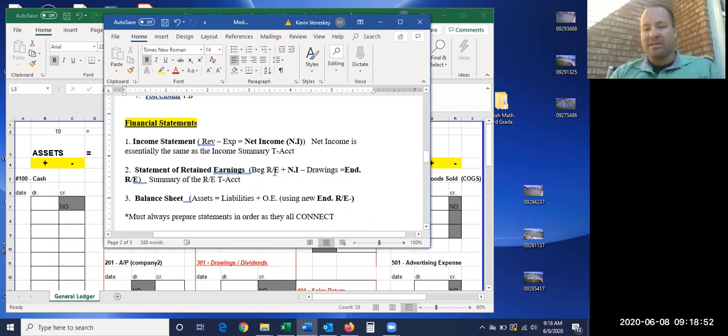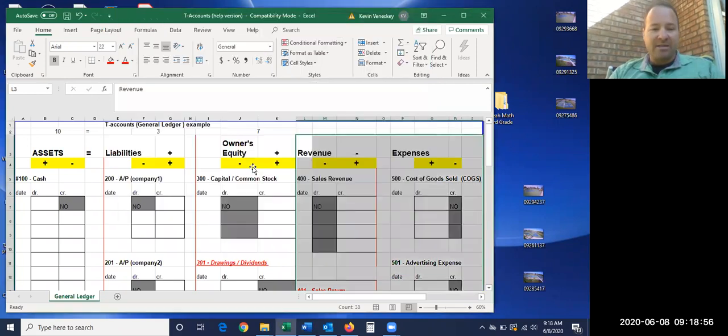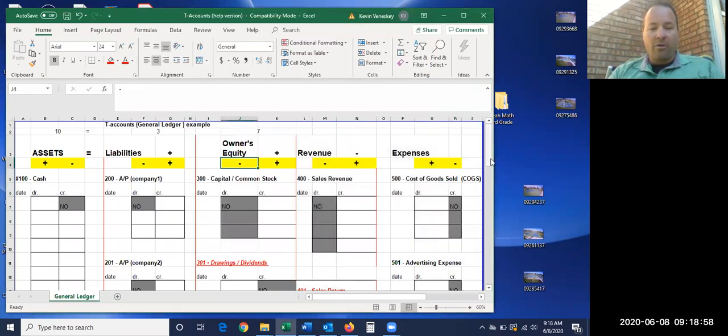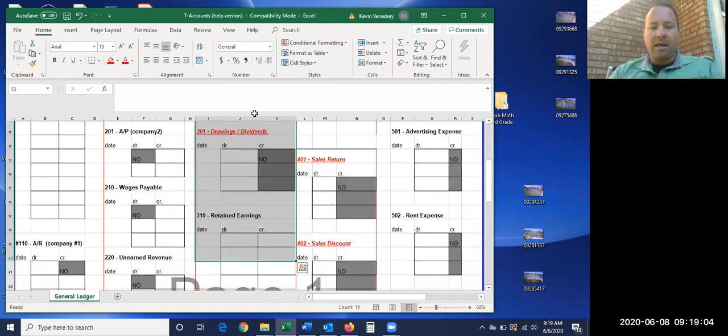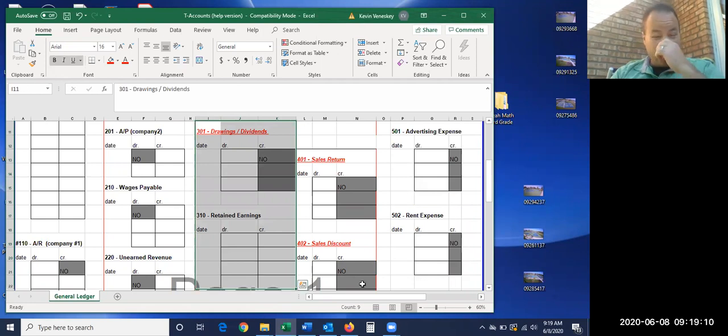This is also known as the statement of owner's equity because it mainly affects all the owner's equity accounts. And each one is done a little bit differently, but a lot of times the statement of retained earnings only affects these two accounts, the dividends and the retained earnings, and then your final amounts over here.